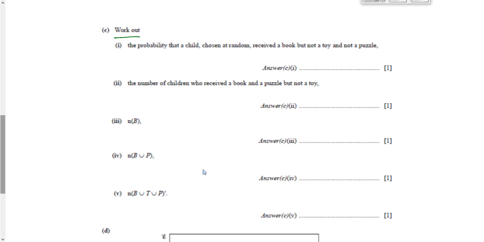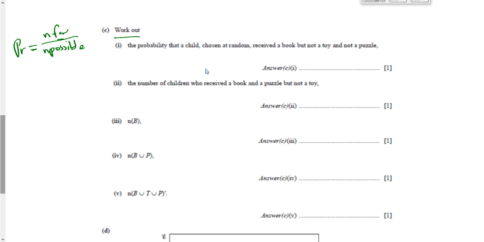Now, the probability of anything is equal to the number of favourable outcomes, the ones that we're looking for, over the number of possible outcomes.